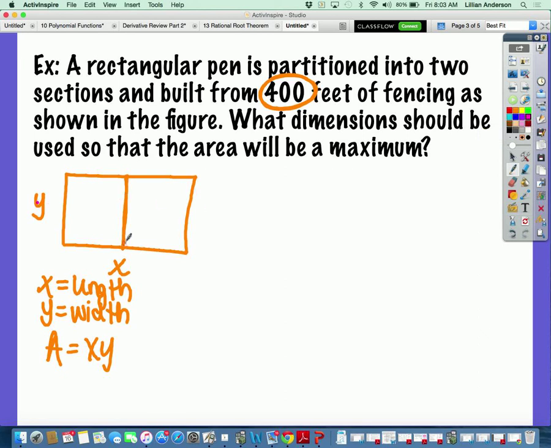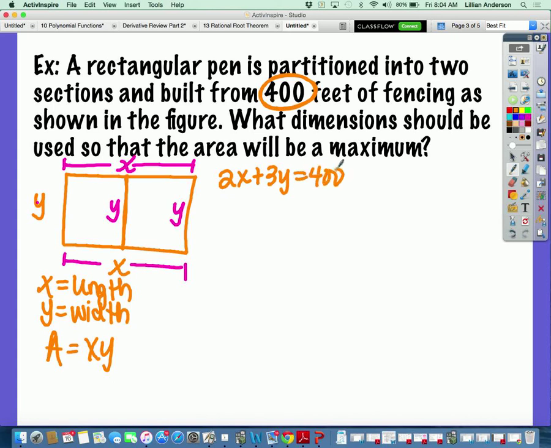I have to count the partition here because the partition is also made of fencing. So I basically have 3 y's here and 2 x's, because x refers to that entire length. So I basically have 2 x's plus 3 y's that should add up to equal my total amount of fencing.